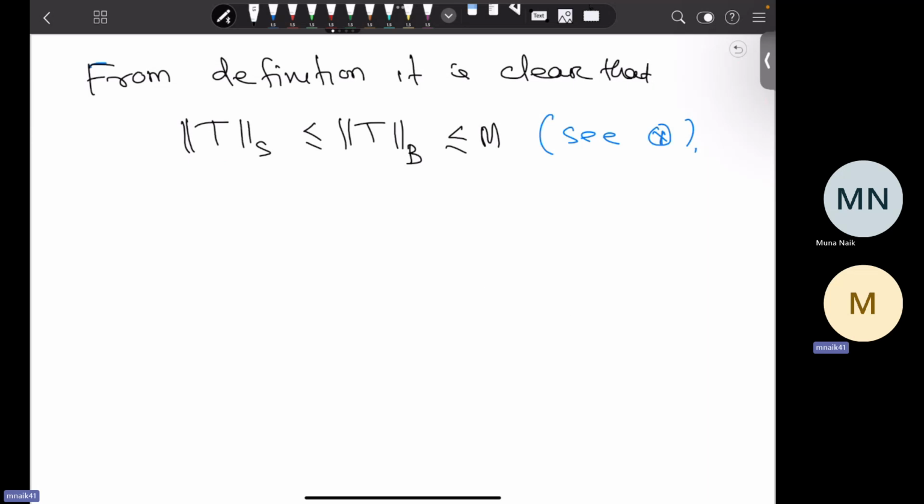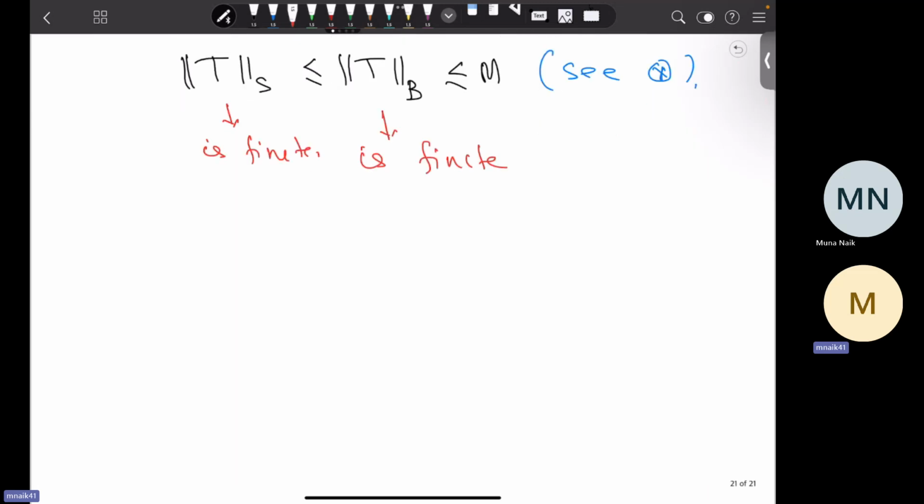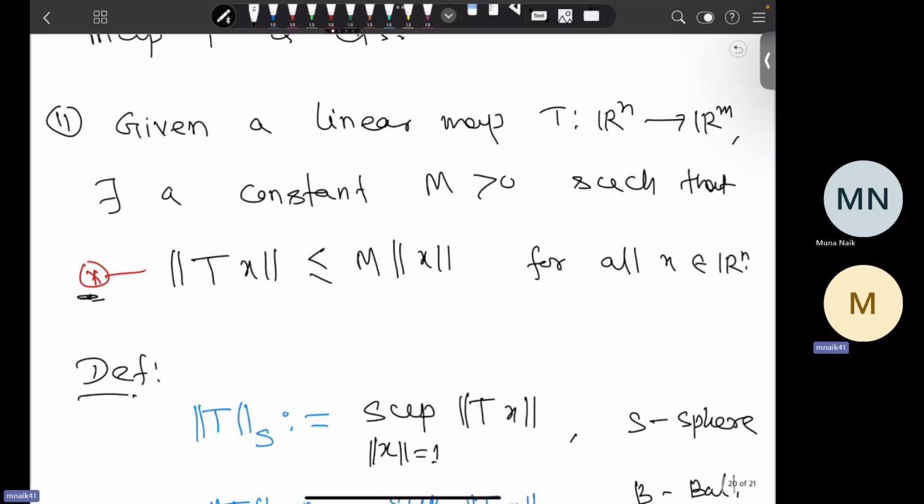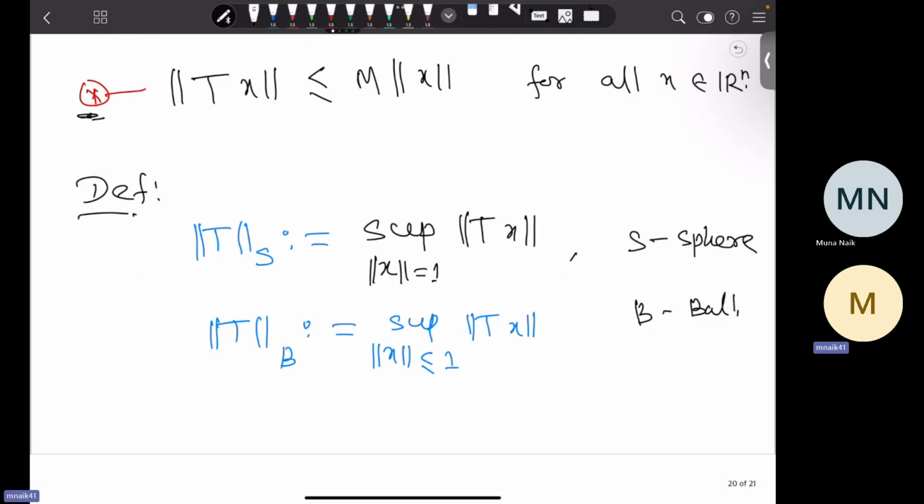So that means the norm of Tb is finite. This is finite because m is finite. Now this is what I have proved: I define the norm of T as the supremum over norm x equal to 1 of norm of Tx, and I define the norm of Tb as the supremum over norm x less than or equal to 1 of norm of Tx.